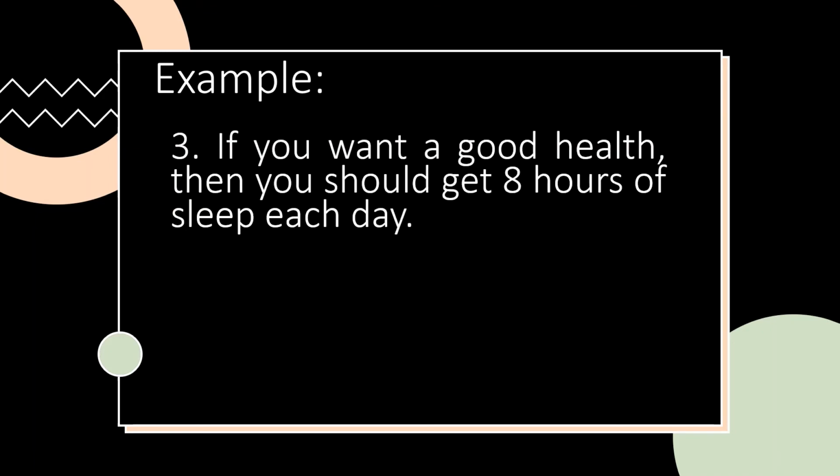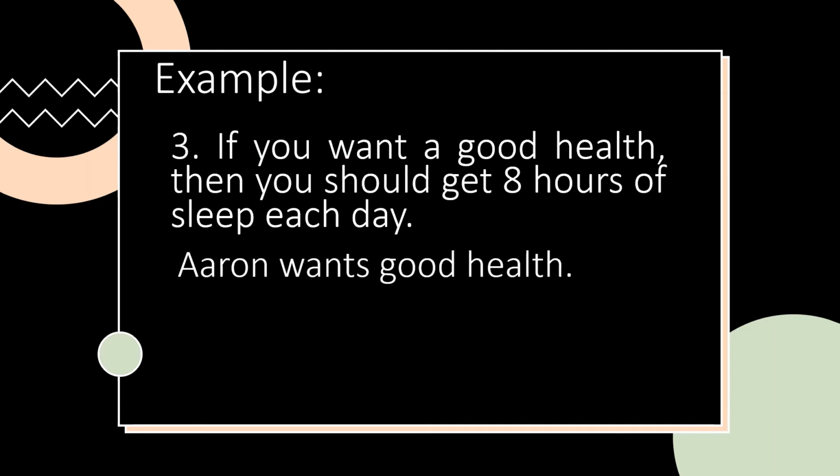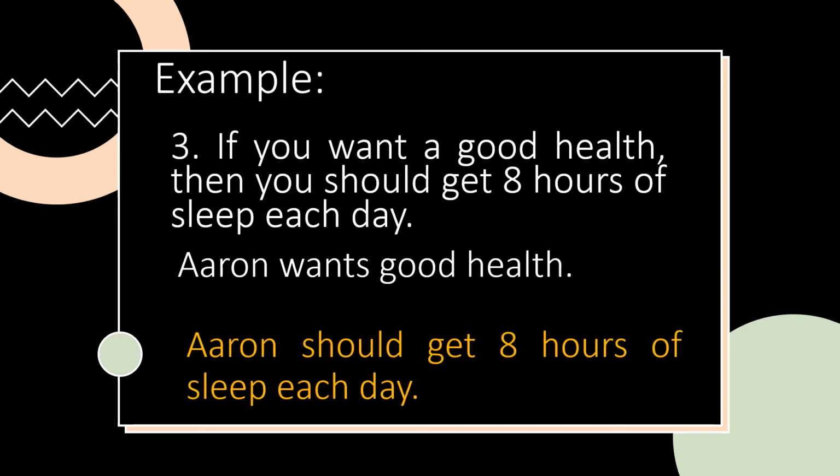Let's have another. Number 3. If you want a good health, then you should get 8 hours of sleep each day. Aaron wants good health. So, what is your conclusion? Correct. Aaron should get 8 hours of sleep each day.